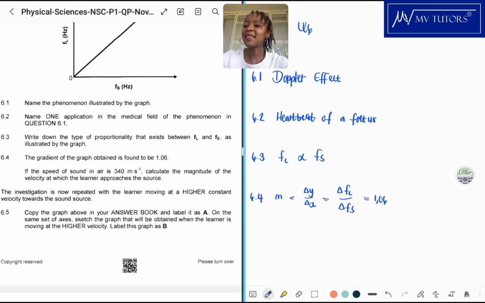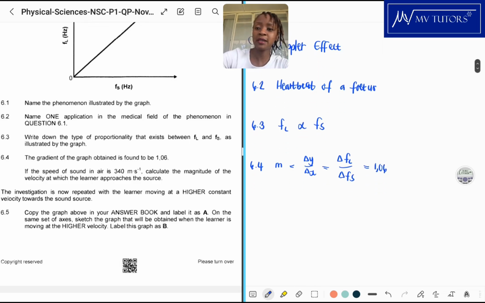All right, and now they say if the speed of sound in air is 340 meters per second, calculate the magnitude of the velocity at which the listener approaches the source. So we know that the speed of the source is 0 because it's stationary, and we're looking for the speed of the listener.